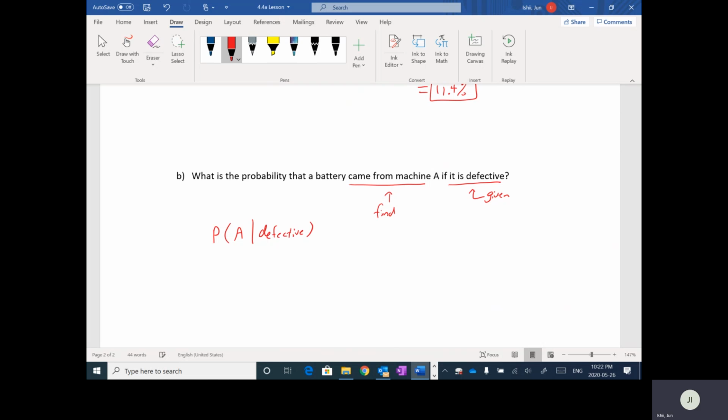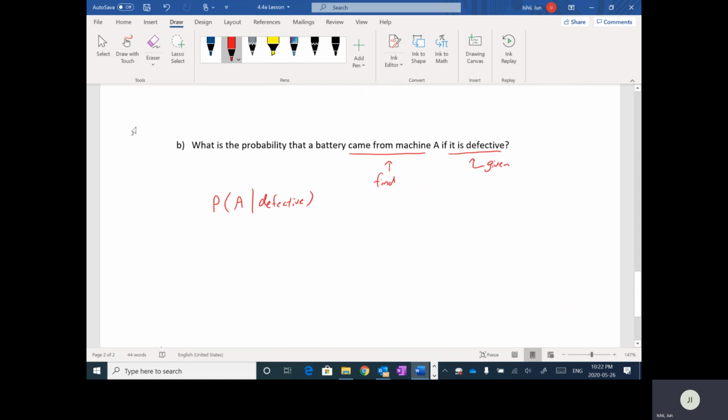Okay, so to answer this question, we need to use the Bayes theorem formula, which was the one at the very beginning. All right, so the Bayes theorem is that probability of A given B. Maybe I'll write it up here.